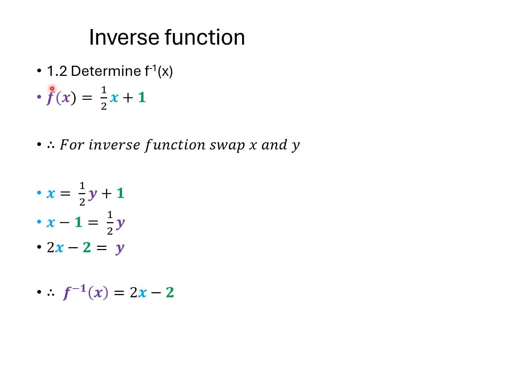Now, determine f^-1(x), meaning determine the inverse function, the equation of the inverse. So we have f(x) = 1/2 x + 1. Again, for inverse, we will always swap x and y first. That's your first mark. So you see my x went in place of y and my y went in place of x. If I take plus 1 across, it becomes negative 1. From there, 1/2 y, to get rid of the half, I'm going to multiply by 2.